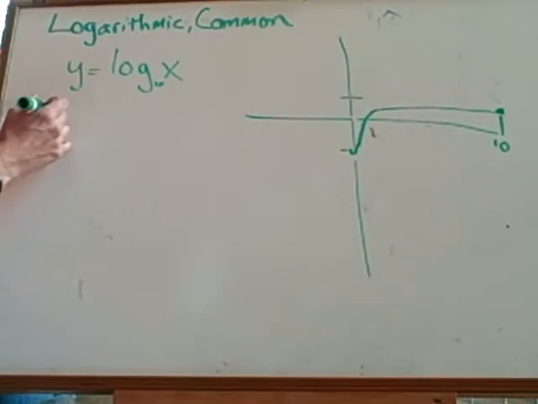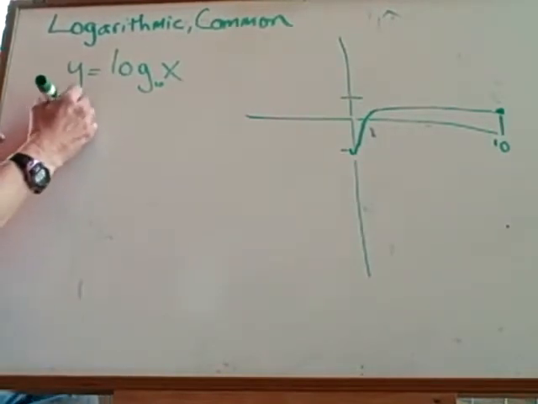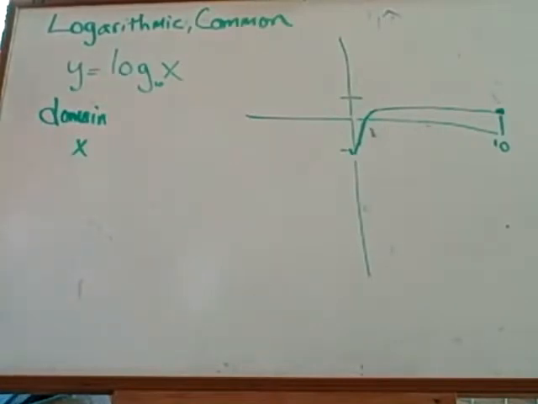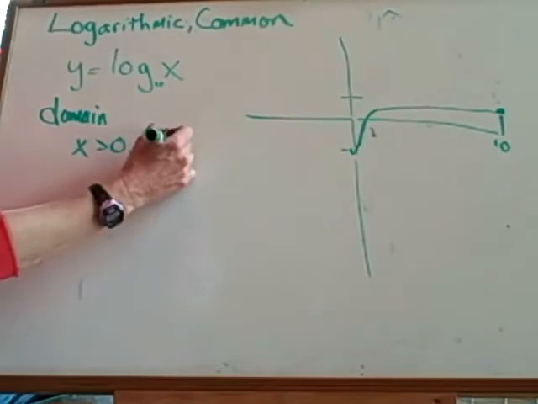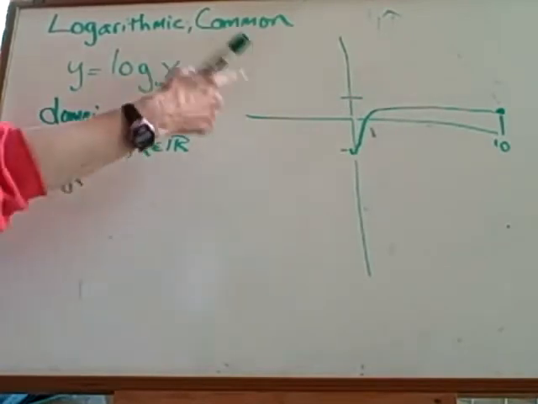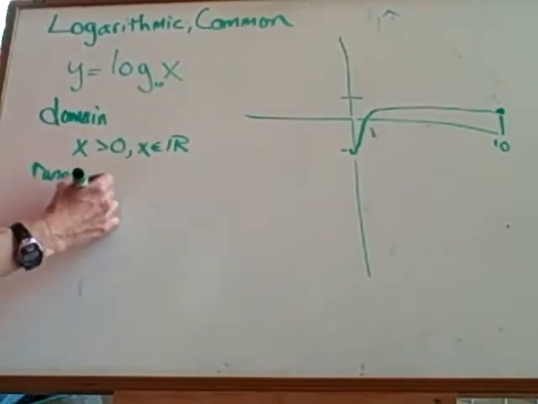If you look at domain, domain is when you're looking at your graph from left to right and you want to know what works and what doesn't work. It's x bigger than 0. X is an element of the reals. Range, it doesn't look right, but it's y is an element of the reals.